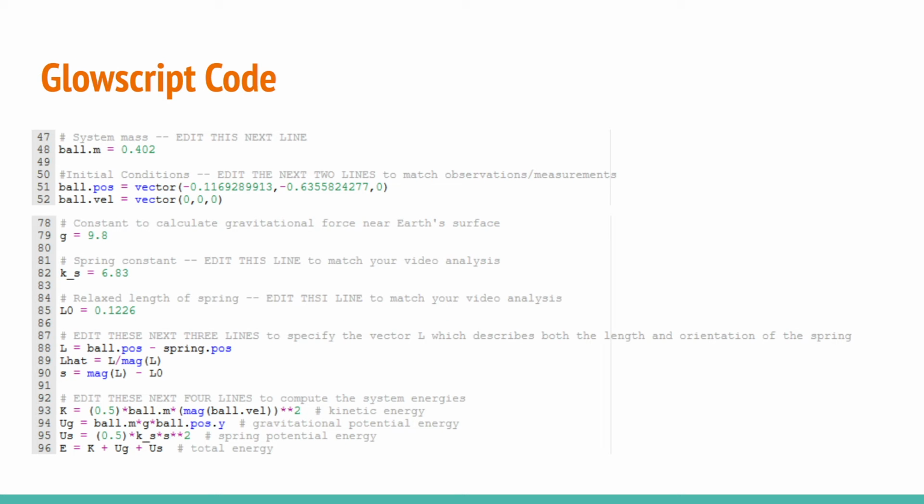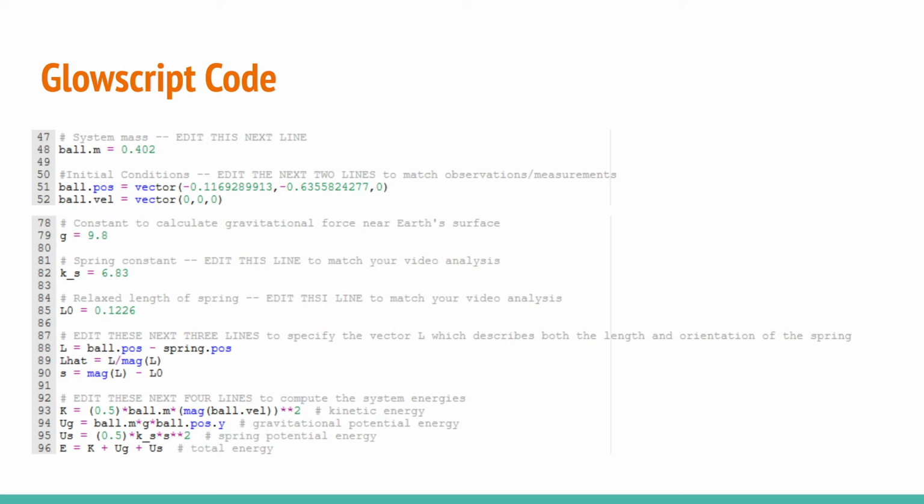For the GlowScript code, I started by adding the system mass for the ball of the mass given, adding the ball's position vector to be the vector found through the Tracker, the ball's velocity to be 0, g to be 9.8, the spring constant to be the constant we calculated, L0 to be L0 we calculated, L to be the ball's position minus the spring's position, L hat being L over the magnitude of L, and s being the magnitude of L minus L0.